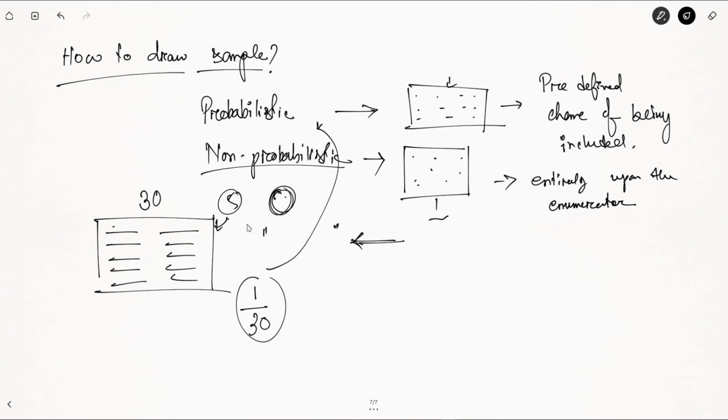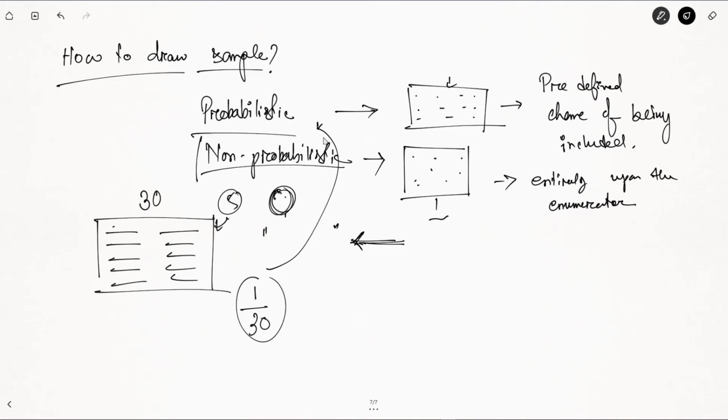A non-probabilistic sample always tends to be biased because the enumerator has some predefined idea about the population and will act accordingly. Or if the purpose is physical activity, the teacher will select only the strongest ones and ignore the rest of the 25. In that case also the teacher is being biased.